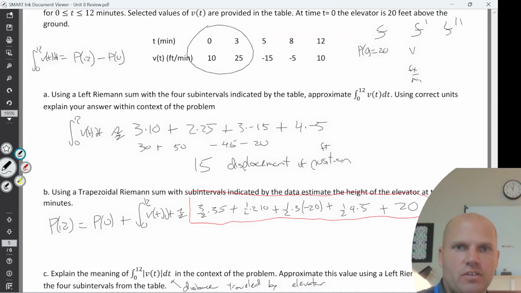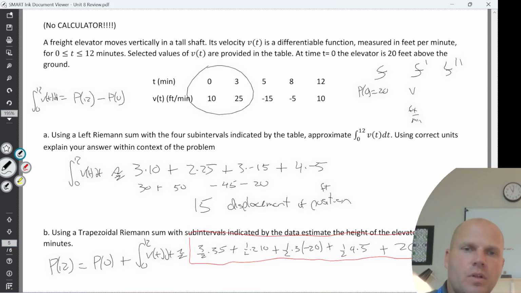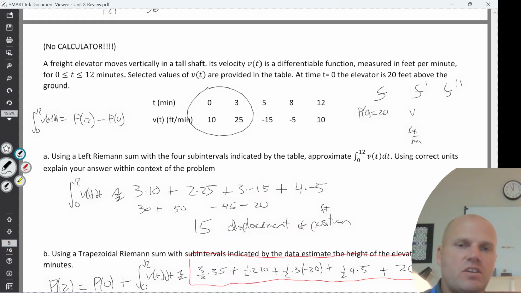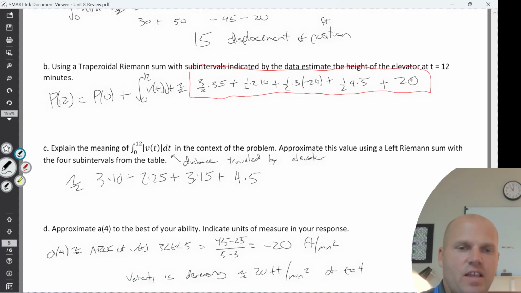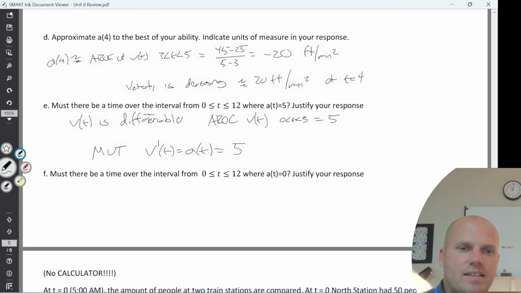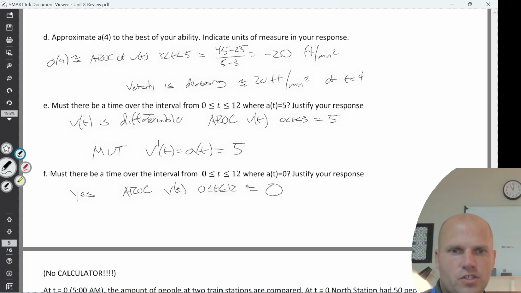Must there be a time when the acceleration is 0? Yeah, from 0 to 12. You could have also said that my velocity increases then decreases, which means the acceleration must be positive then negative, which means we have to have a 0. So there's like ways to get around that, but we're going to just say yes. You could say the average rate of change of v from 0 to 12 is 0. Therefore, v prime, which equals a, must equal 0 by the mean value theorem.